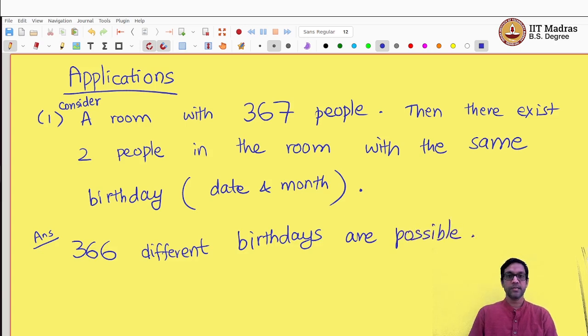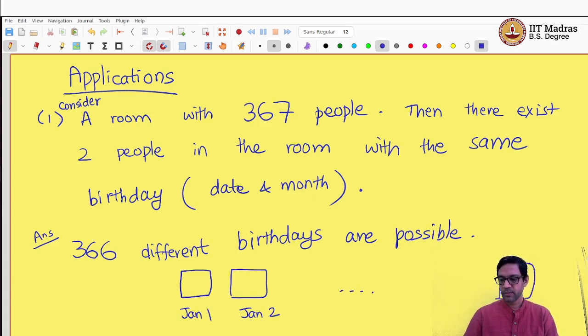But I've got 367 people in the room, which means, by the pigeonhole principle again, imagine the boxes are the different possible birthdays. So let's try and put it into the form of the pigeonhole principle. I start with Jan 1, Jan 2, Jan 3. I imagine I have boxes, one for each possible birthday. I also include Feb 29. So I've got 366 possible boxes.